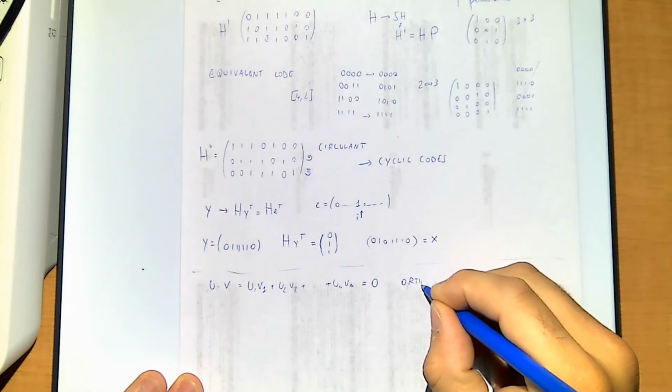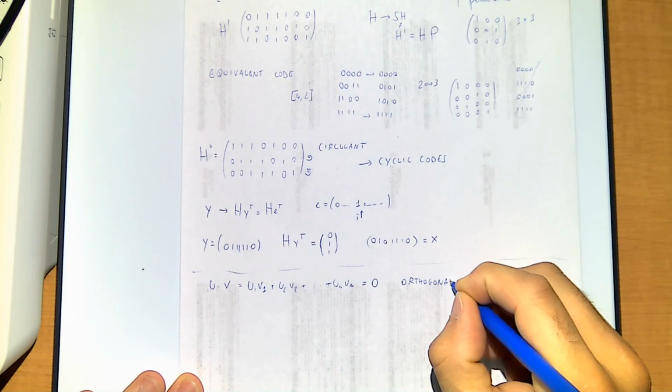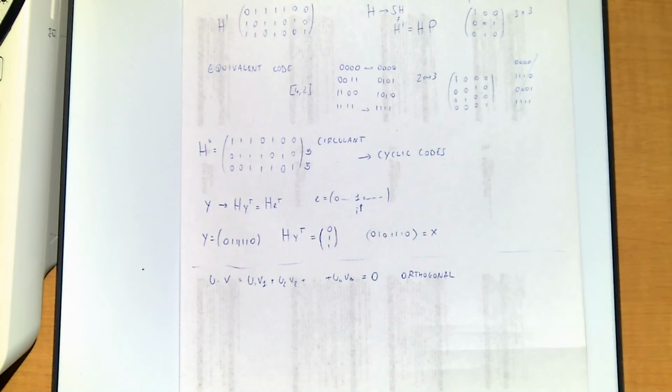Because this really makes sense in geometry. And so we can preserve this idea of orthogonality, even though we're working with vectors over finite fields and we're not looking at the geometry of it at all. But we can still say that two vectors are orthogonal if their product is 0, right?